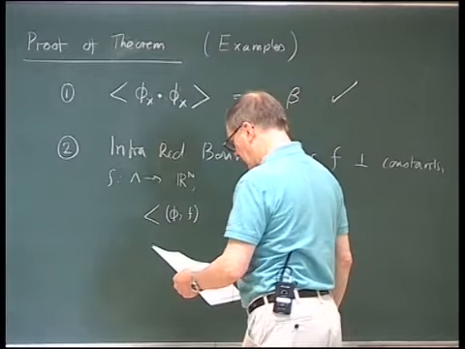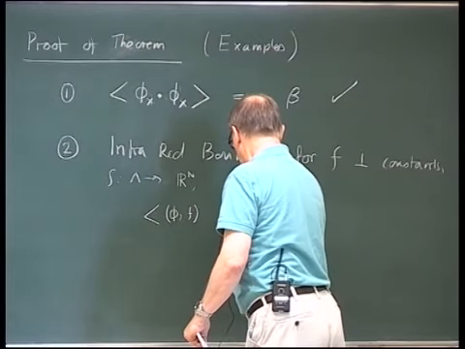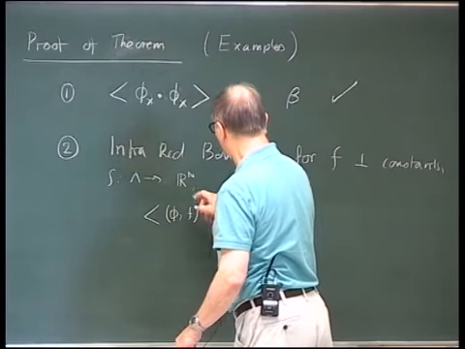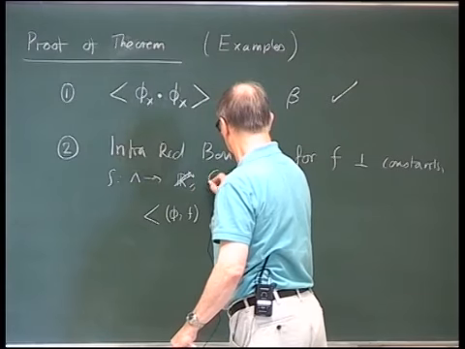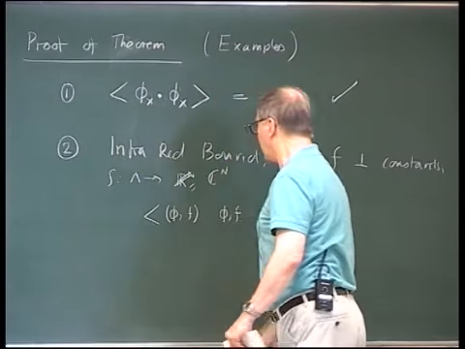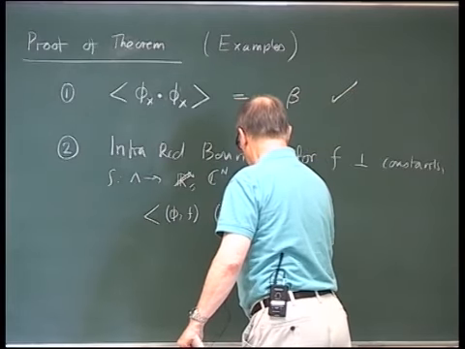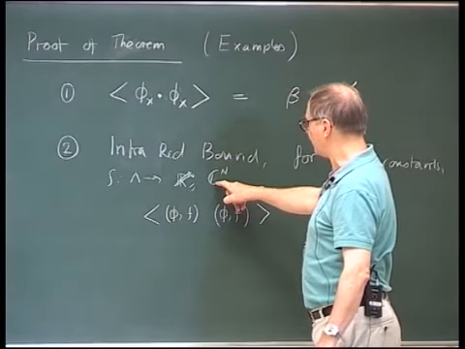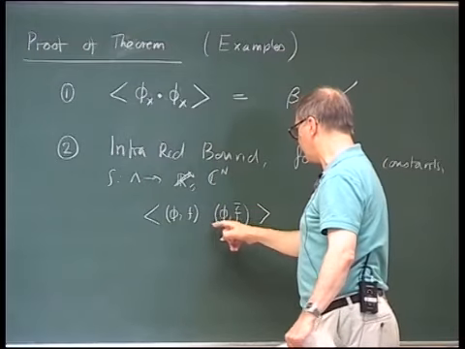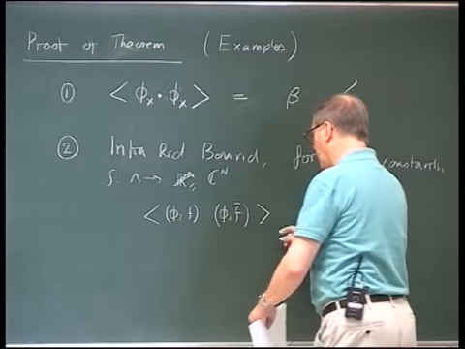I'm sorry, actually I have to make it complex. Sorry about this. For f complex valued, then just ignore the complex valued and take it Rn valued for the moment in your own minds, because that's actually enough to deduce this anyway.